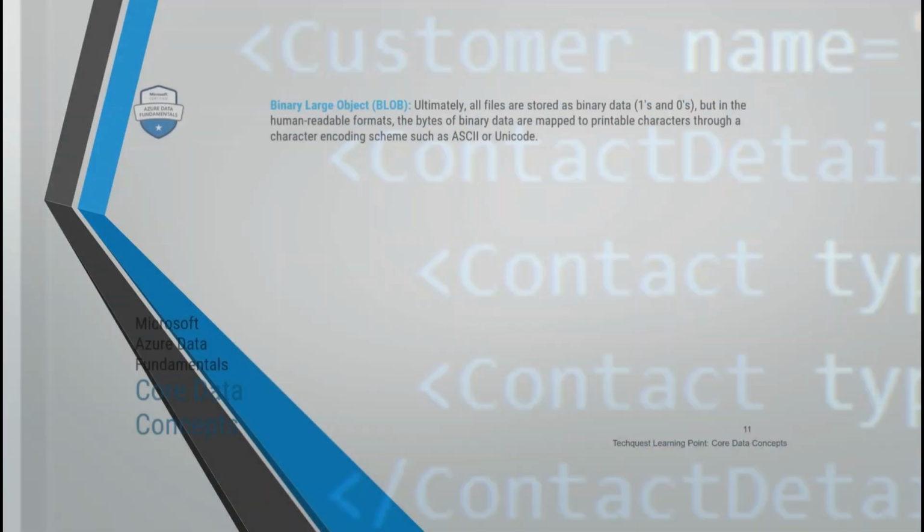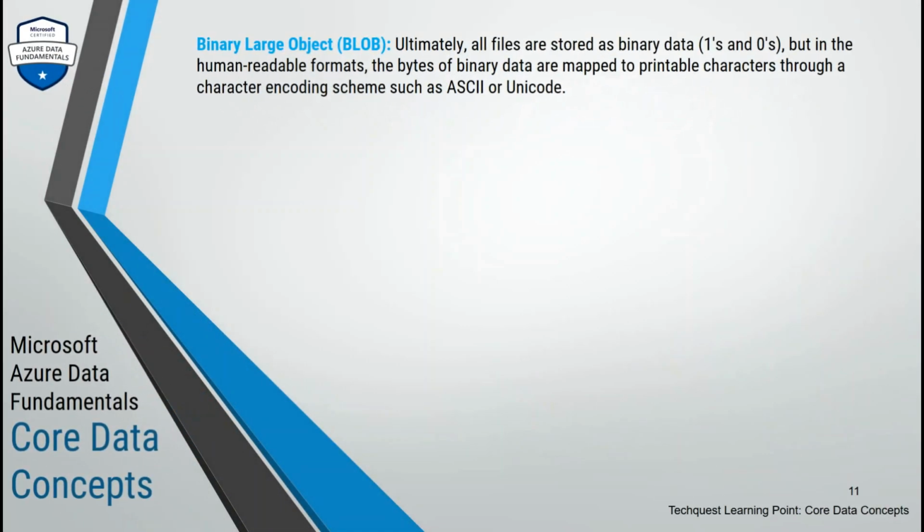Binary large object, blob. Ultimately, all files are stored as binary data, ones and zeros. But in the human readable formats, the bytes of binary data are mapped to printable characters through a character encoding scheme such as ASCII or Unicode.